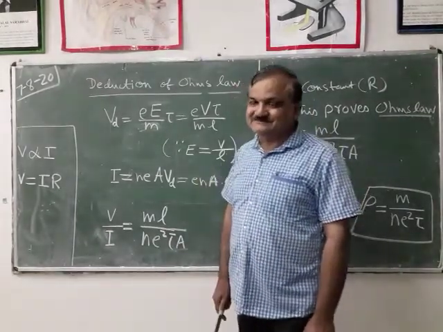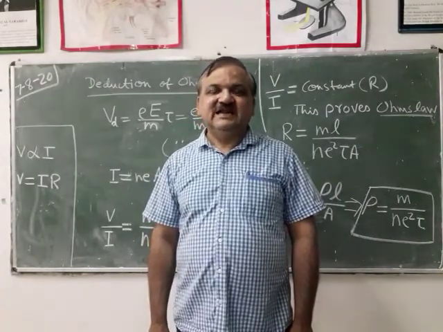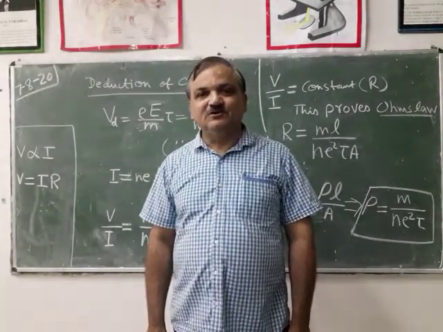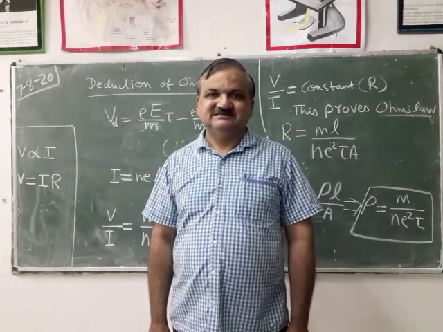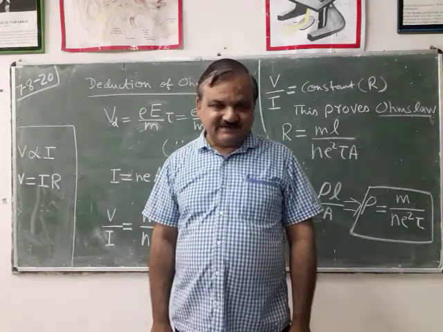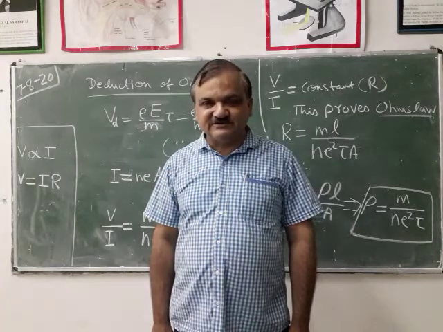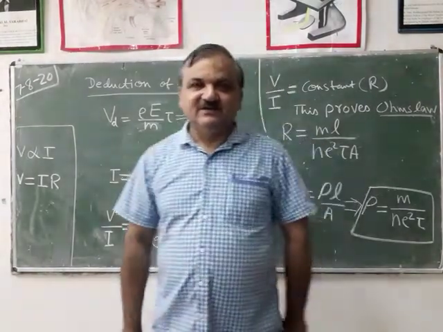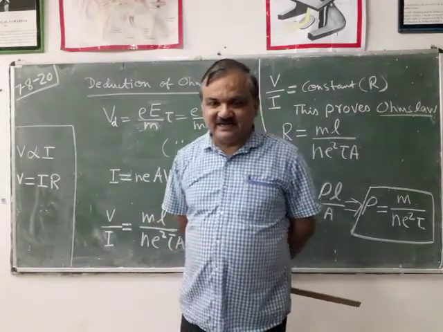What is the relaxation time? It is the average time elapsed between two successive collisions of an electron in a conductor when an electric field is applied across the conductor.